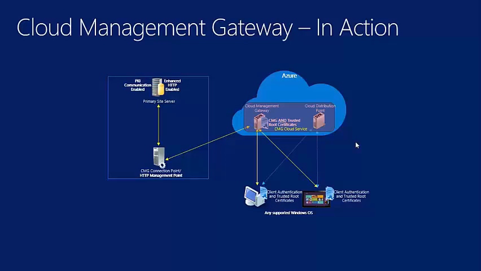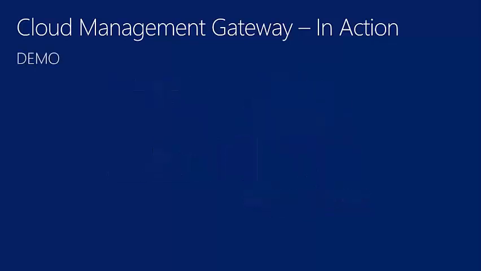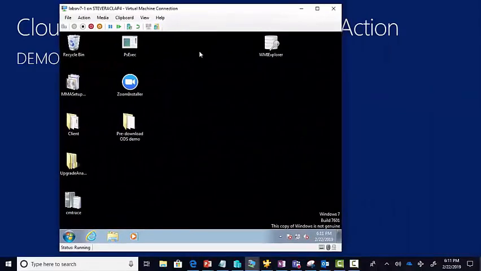Okay, so let's go watch this actually work. To do this, again, I'm going to pull back in. Let's start with the Windows 7 machine, and we'll see it work. Just a reminder, let me go ahead and maximize this.